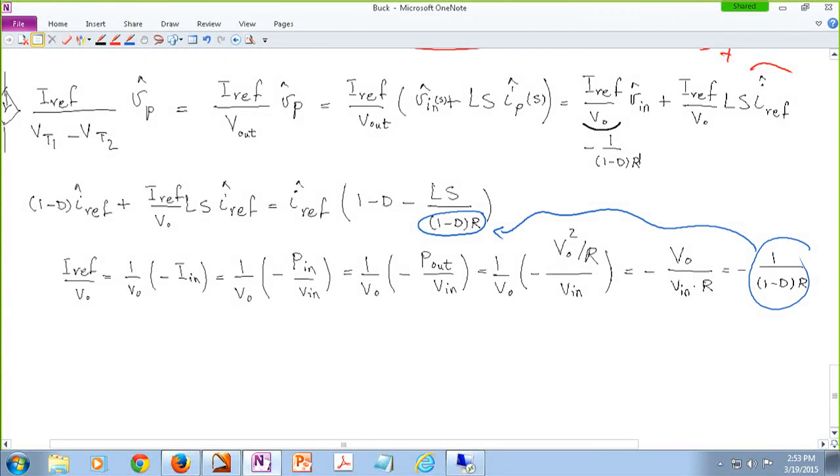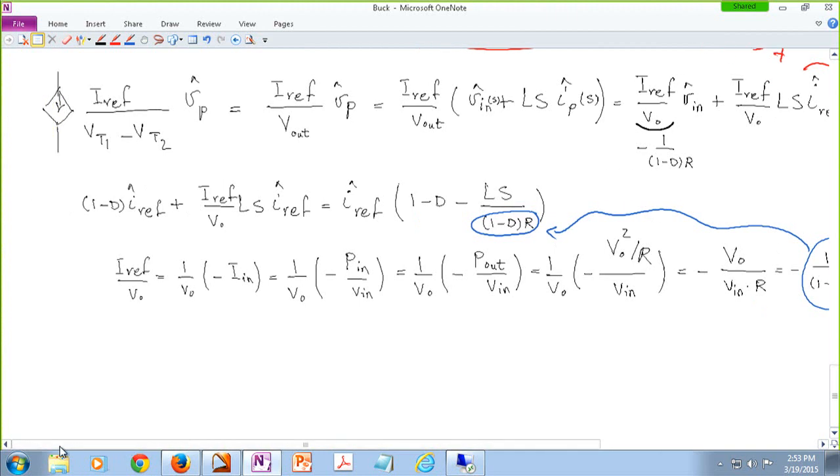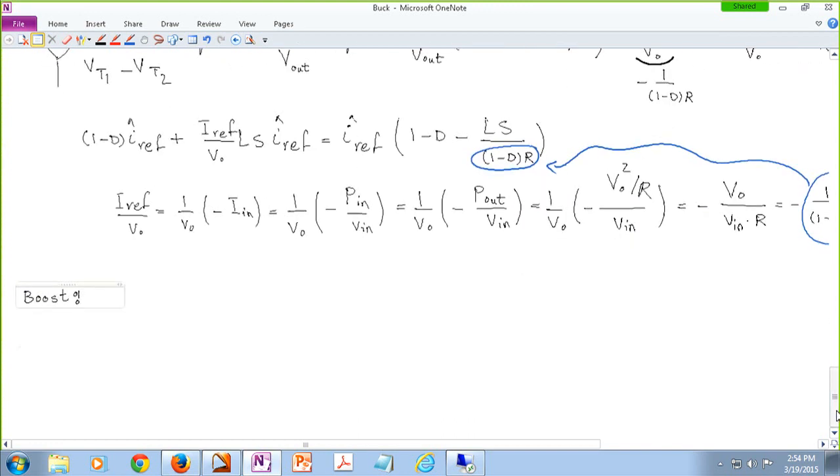So I'm going to write it over here to emphasize that. So we are starting with the throws on the left-hand side, and even before the throws, in the boost converter, we have the load and the output capacitor.